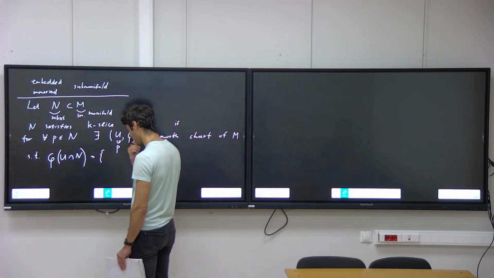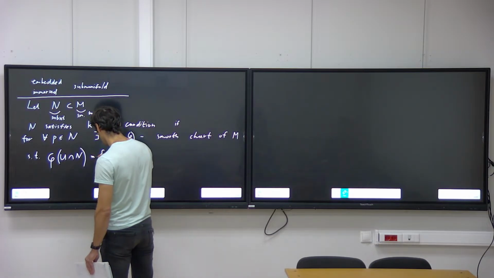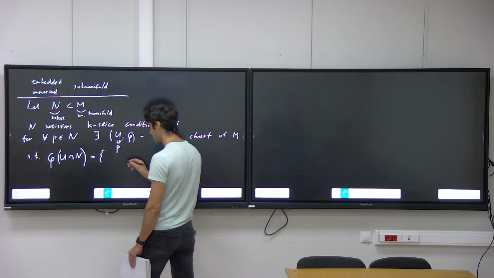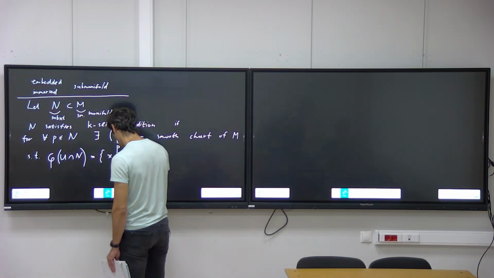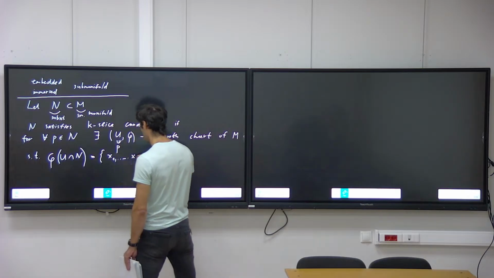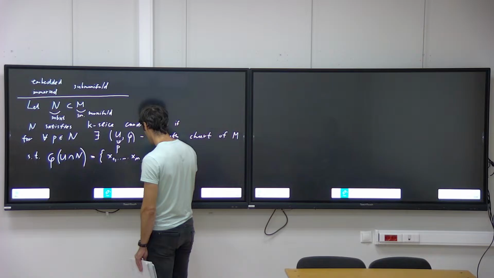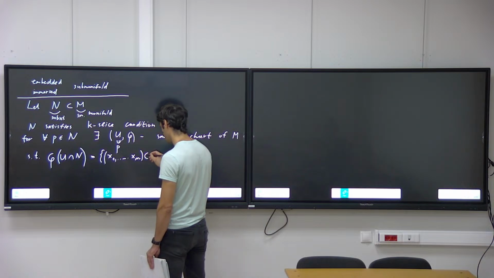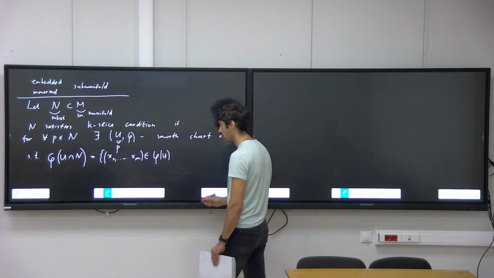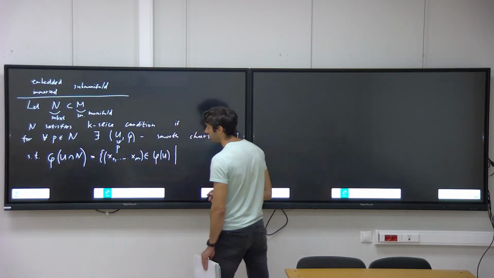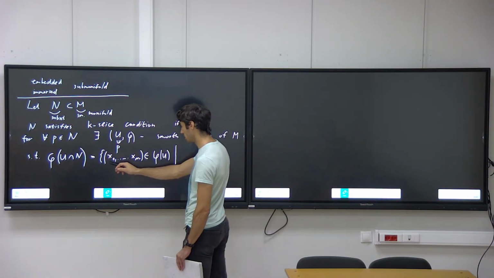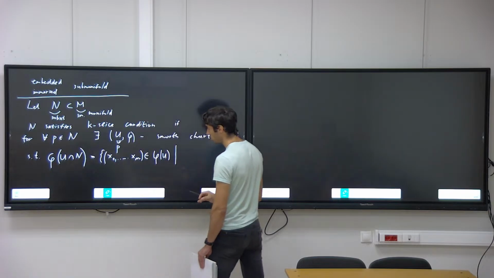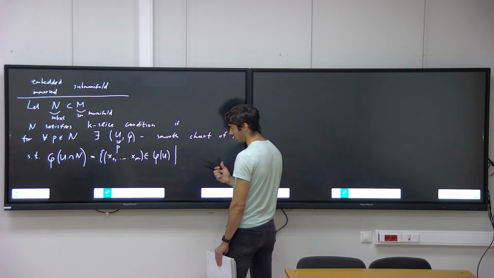So we have all elements x1, ..., xm, where m is the dimension of M, inside phi of U, which is inside R^m, such that it is k-wise. Basically the first k coordinates run as they wish, and the last m minus k coordinates are just 0.